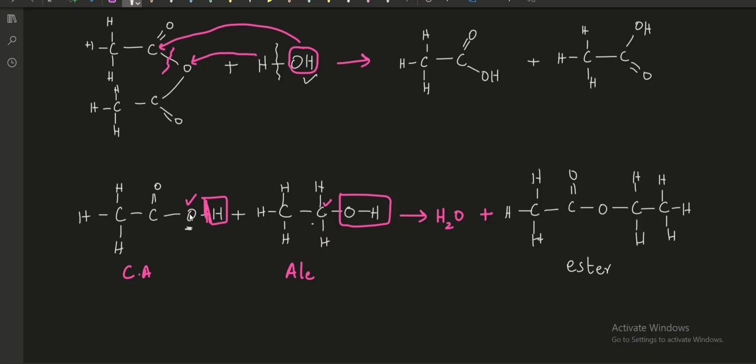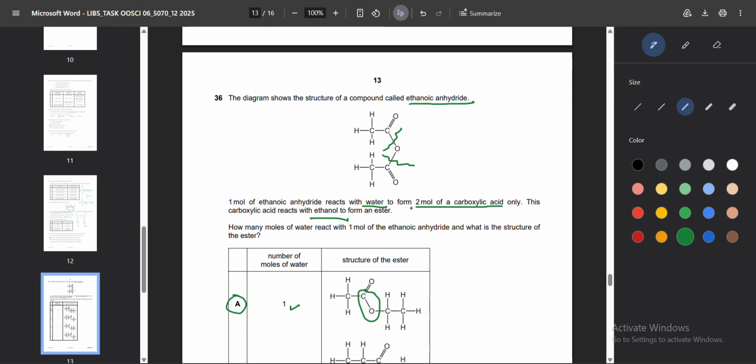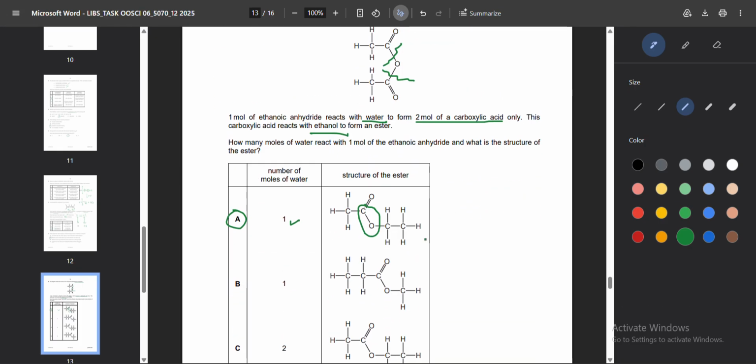This one, the bond between this carbon and oxygen. This linkage. So this one is the correct option. It was question number 36.